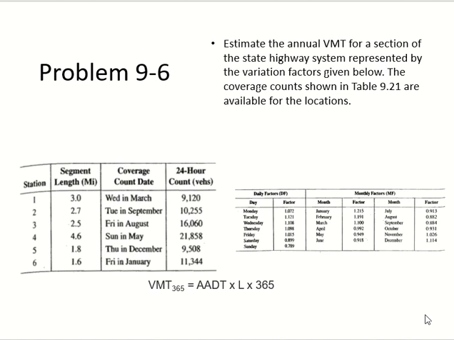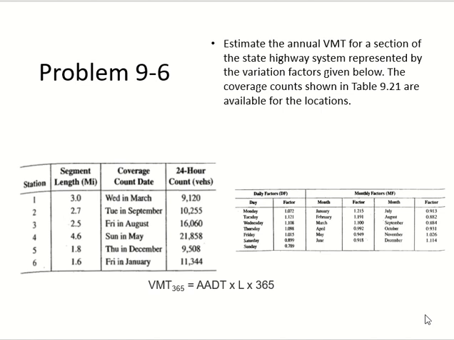AADT is per day, so you multiply by length and it becomes average VMT per day of the year. Then you multiply by 365, and it becomes for 1 year. So you have the average count of the day, multiply by length, it becomes average VMT of the day, multiply by 365, it becomes for the whole year. Clear?